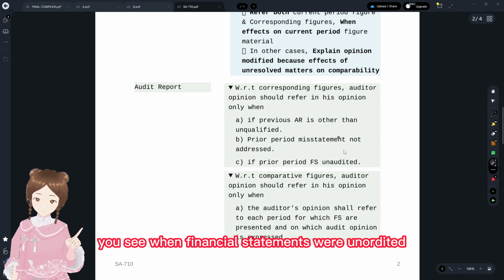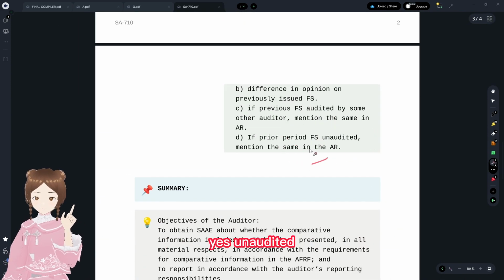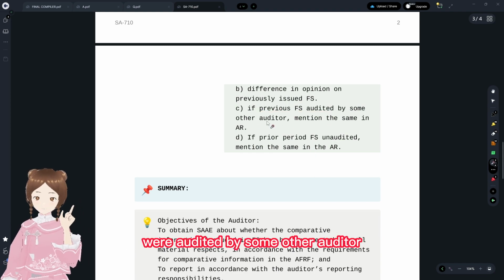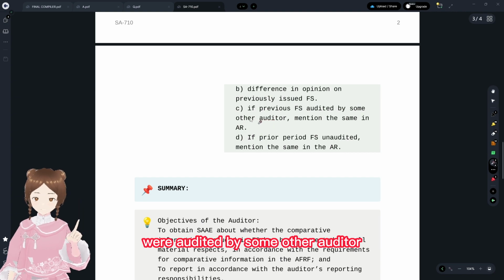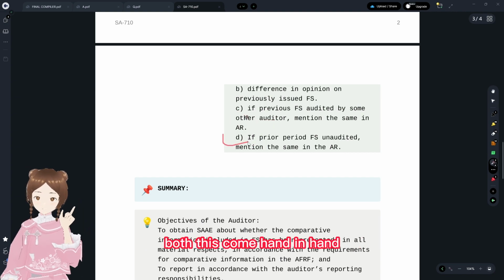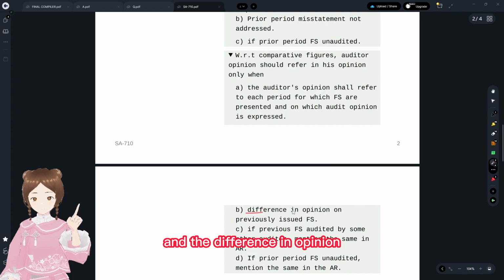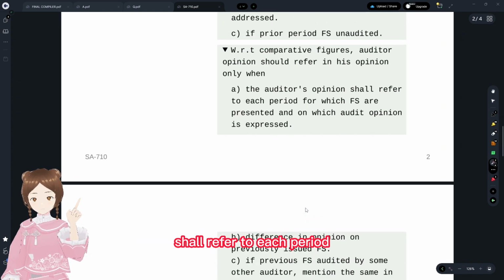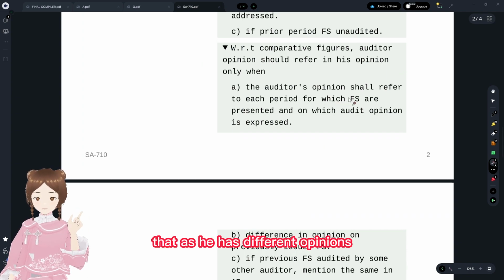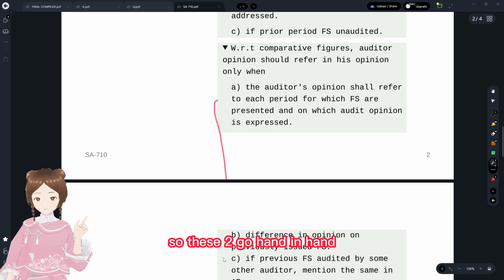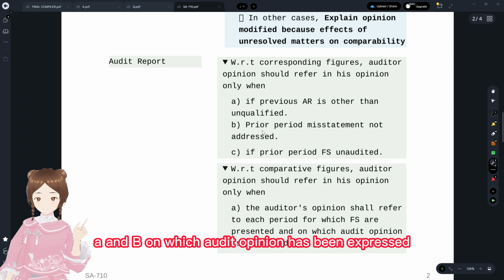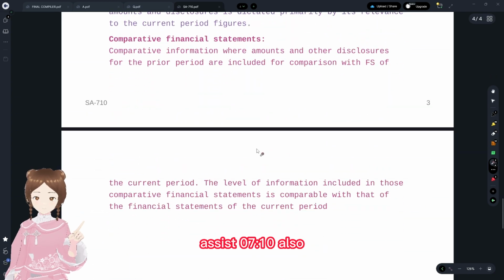You see, when financial statements were unaudited, and if the previous financial statements were audited by some other auditor, both come hand in hand, and the difference in opinion, and also the auditor's opinion shall refer to each period for which financial statements are presented. So these two go hand in hand, A and B, on which audit opinion has been expressed. And that's it, we have completed SA 710 also.